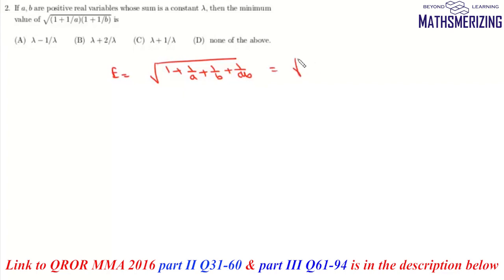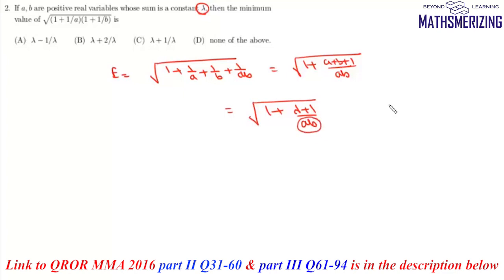Now we can also write this as (1 + (a+b)/(ab)) under the root. Now the value of a + b is constant and that is lambda. So we can write this as 1 + (lambda + 1)/(ab). Now in order to find the minimum value of this expression, we have to find the maximum value of ab.